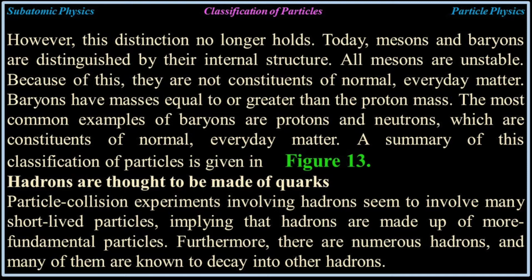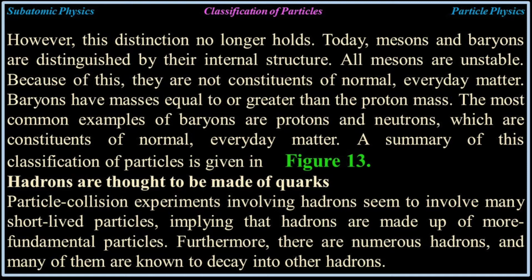All mesons are unstable. Because of this, they are not constituents of normal everyday matter. Baryons have masses equal to or greater than the proton mass. The most common examples of baryons are protons and neutrons, which are constituents of normal everyday matter. A summary of this classification of particles is given in Figure 13.